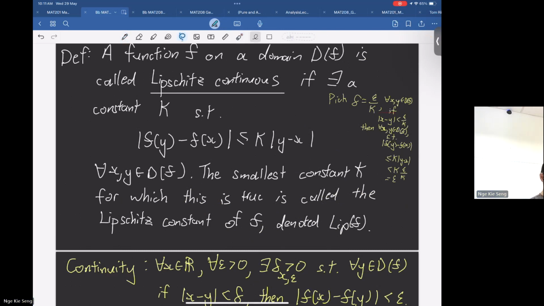Obviously, k cannot be negative, so this implies that k should be a positive k.